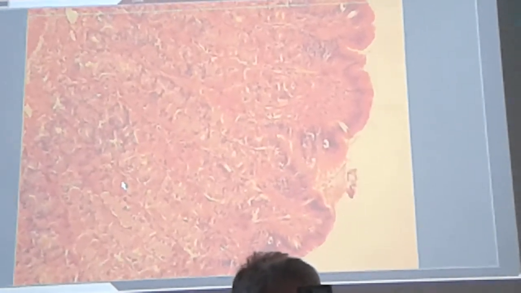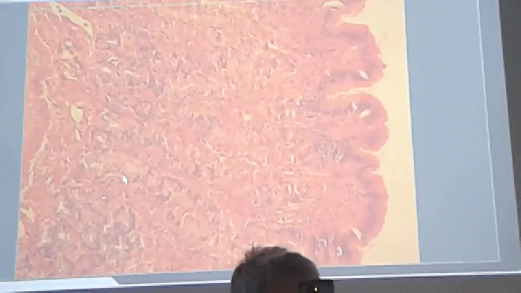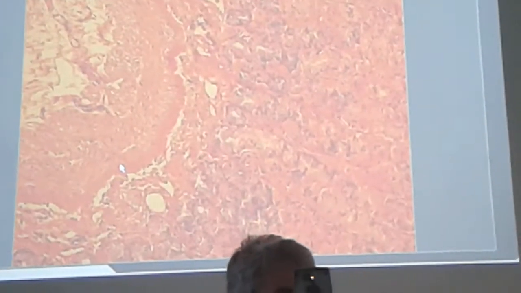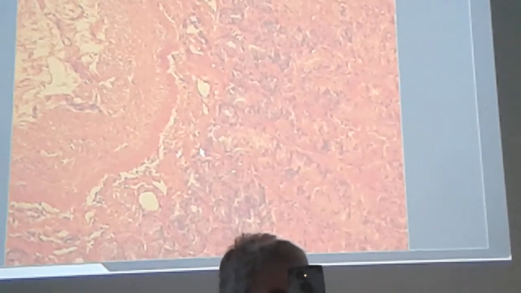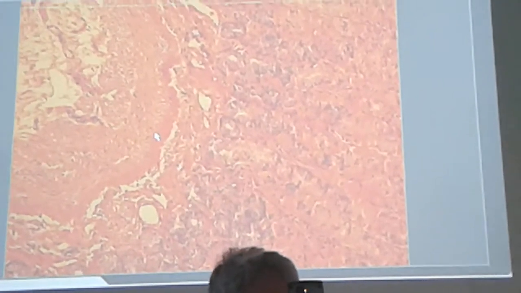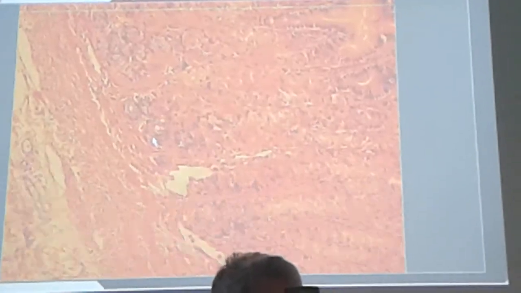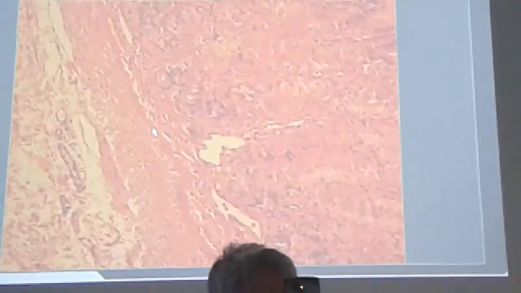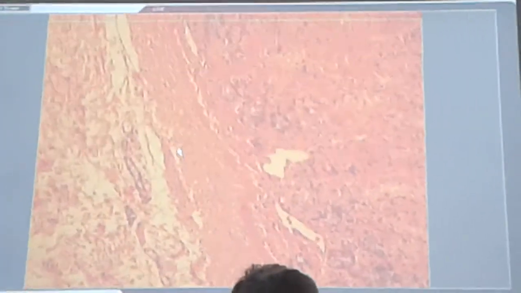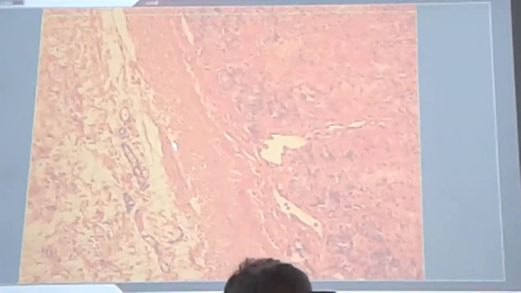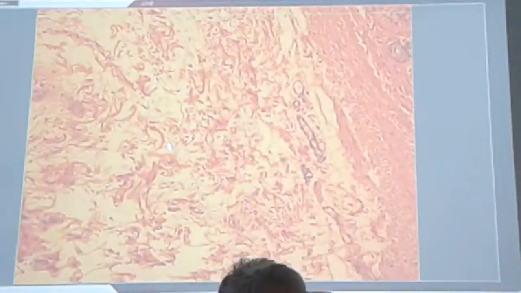And then the mucosa ends with the lamina propria, and then we can go to the next layer, which is the submucosa.